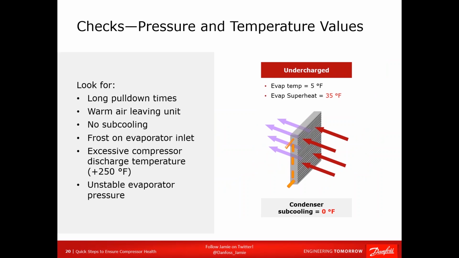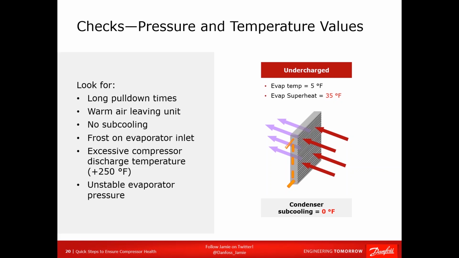So what are you looking for? Well, the customer is going to complain, long pull down times. It never shuts off. It never gets cold. The warm air is leaving the unit. What are you going to observe? No subcooling at the condenser outlet. Possibly frost on the evaporator inlet in an AC system because you're actually running at a saturation temperature below freezing. Excessive compressor discharge temperature.